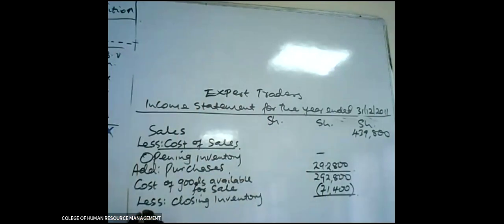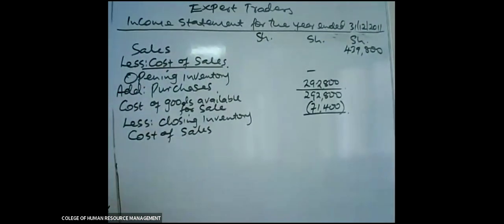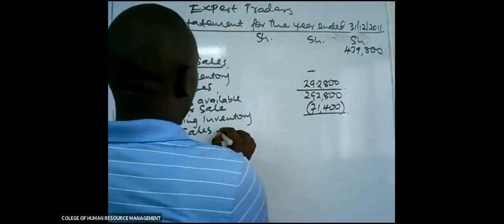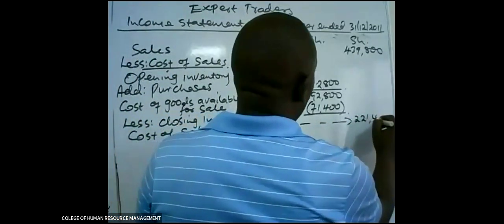So that we can get cost of sales. You get 221,400. Take it to the last column, 221,400.